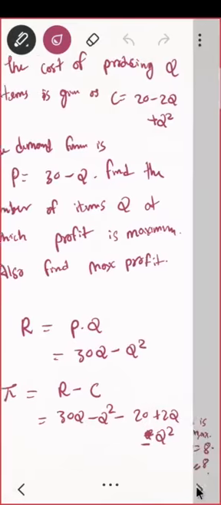See, the cost function. The cost function of a certain commodity is given by c equal to 900x minus 30x square plus x cube, where x is output.